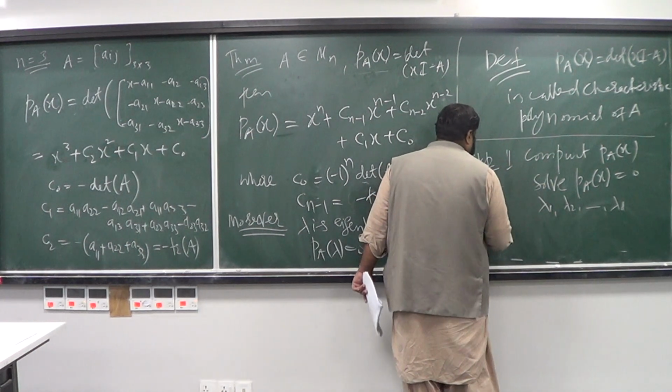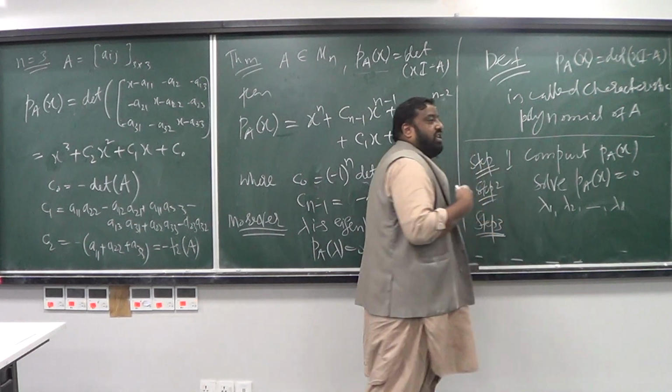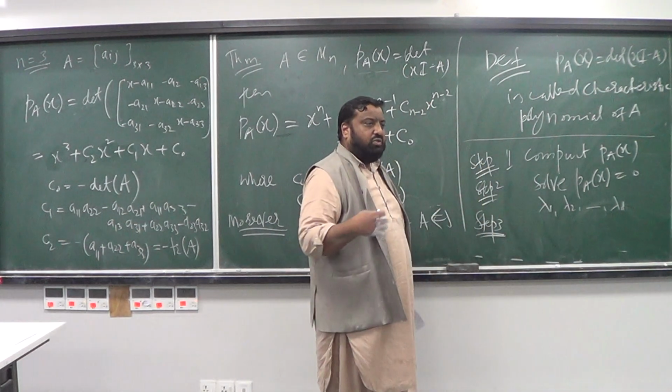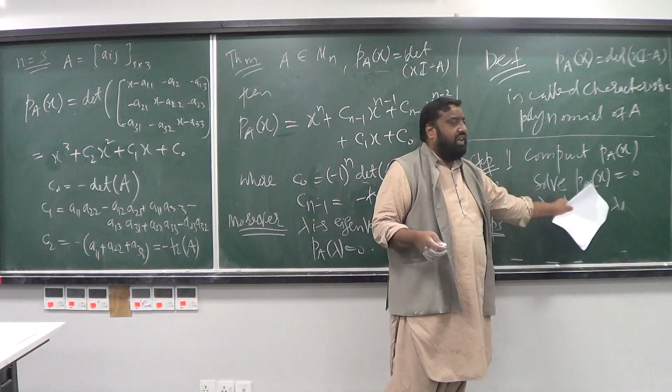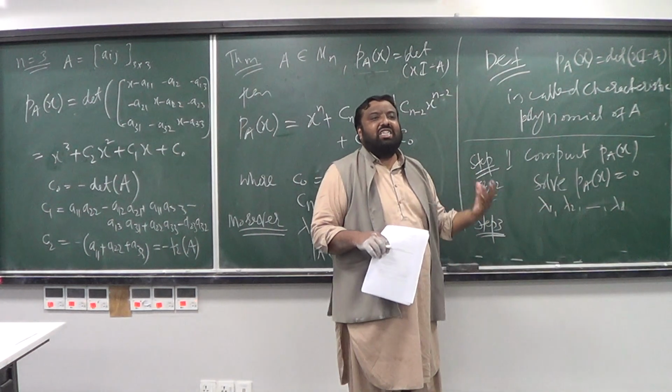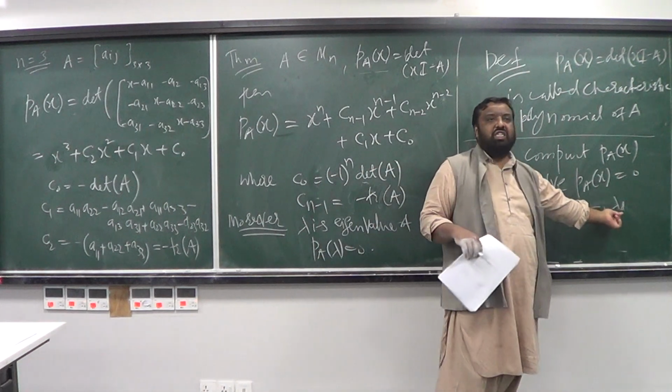Step 3 is to find the eigenvectors corresponding to each eigenvalue. In other words, what will be the eigenspace of each of these eigenvalues?